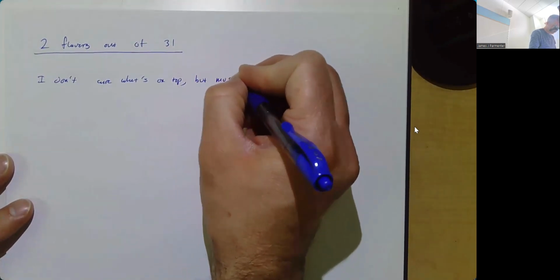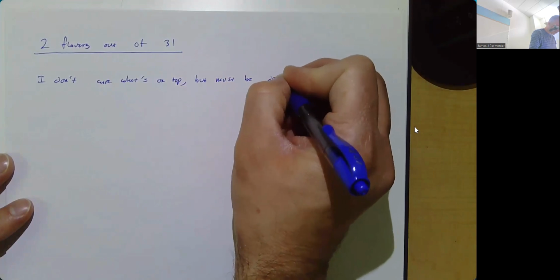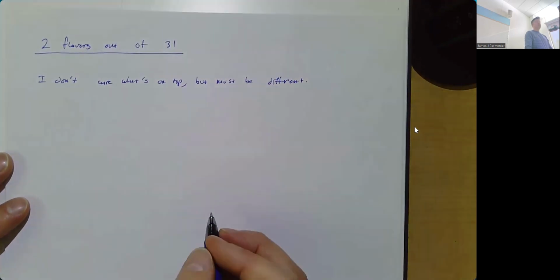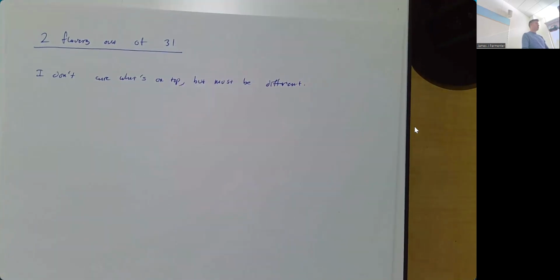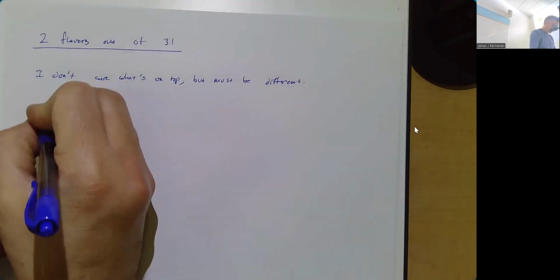But they must be different. So here the answer is going to be 31 choose 2, because out of the 31 distinct flavors, I am trying to choose 2 different ones. But I don't care what order they go in. So I don't care if it's chocolate on top, vanilla on the bottom, or vanilla on top, chocolate on the bottom. I'm going to count those as the same.